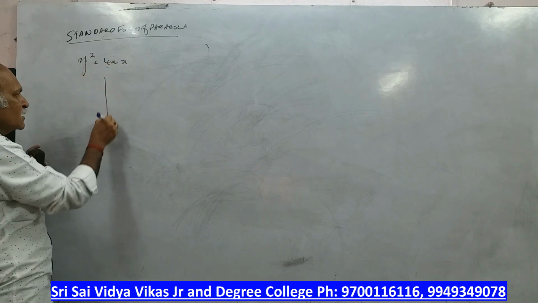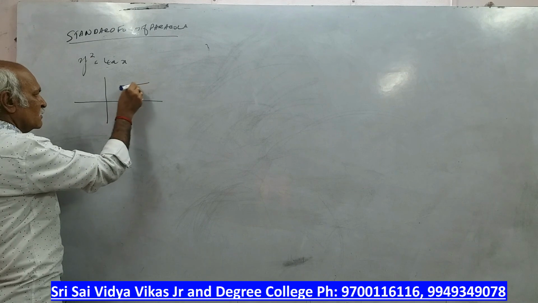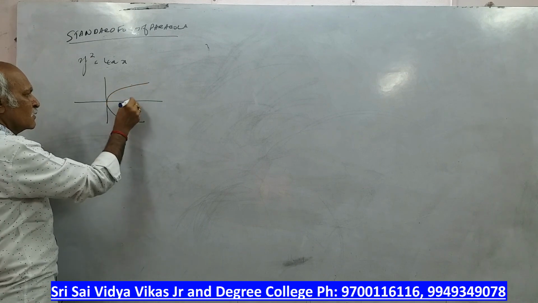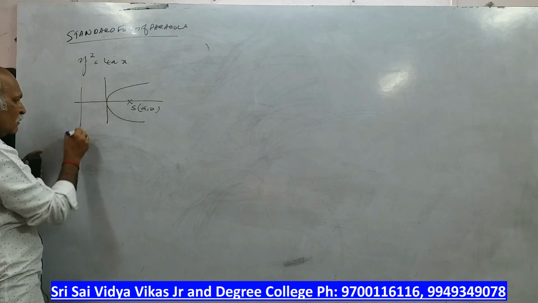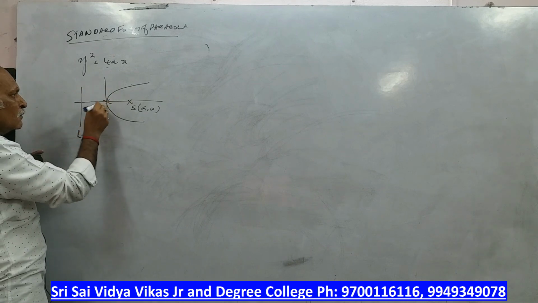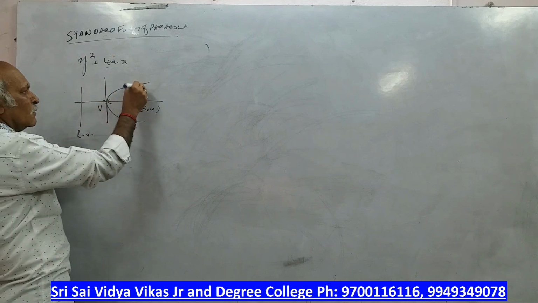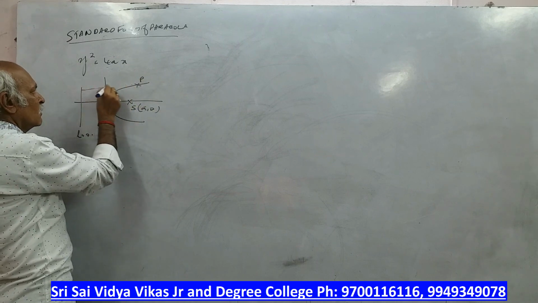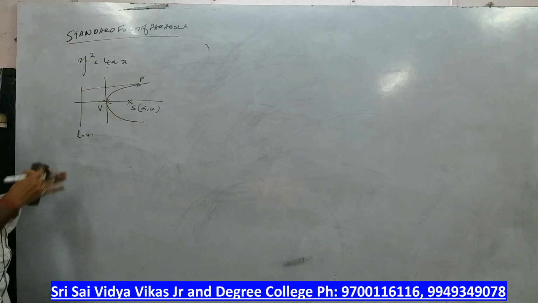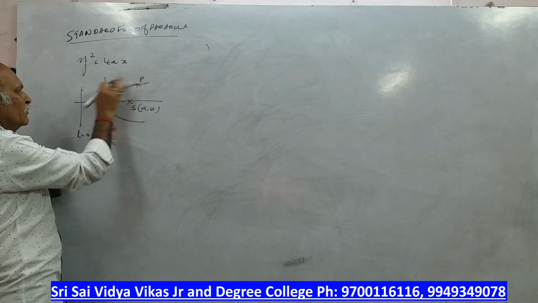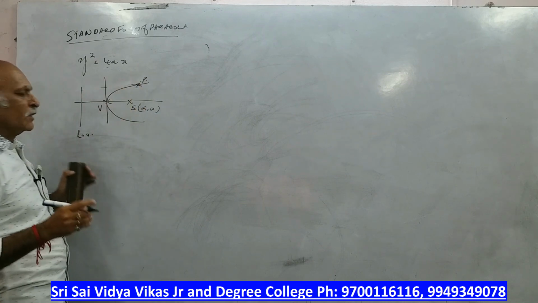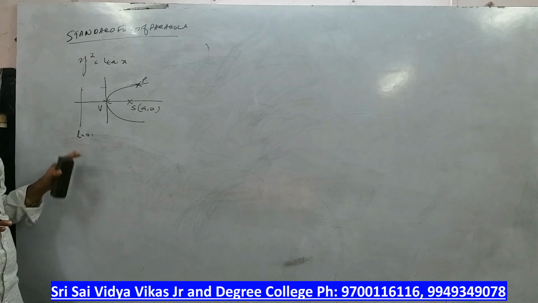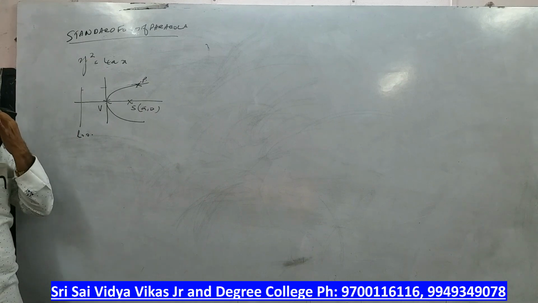How will it look? It will be like this. All of this is not required. Now, once we say any standard form, for circle what do we say?